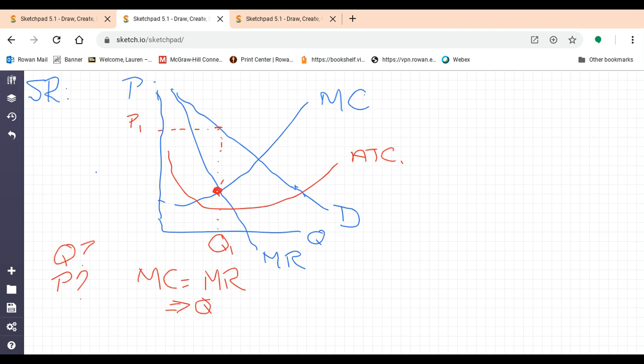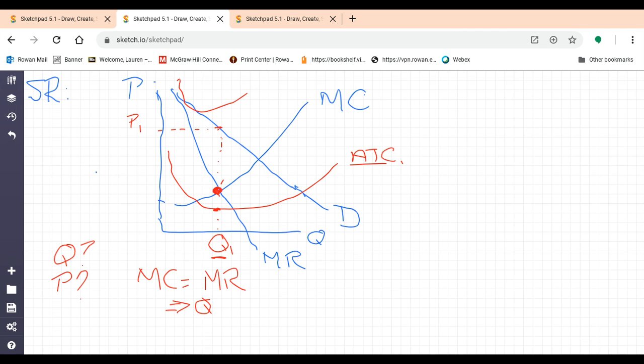So we look at the average cost at Q1, our profit maximizing quantity. Where it hits the average total cost is less than the marginal cost, but also less than the price, way less than, right? So in this case, price is greater than average total cost, and we'd be making positive profits.